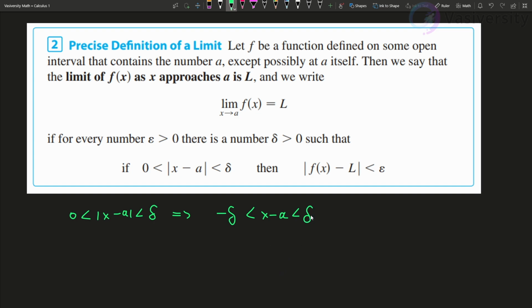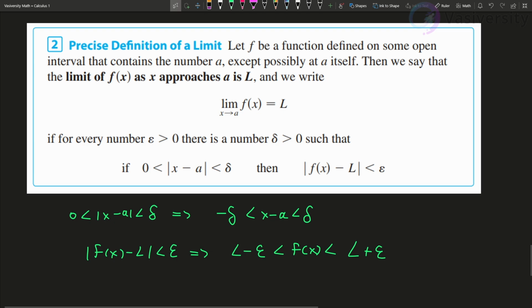Similarly, for the absolute value of f of x minus L being less than epsilon, that would be L minus epsilon less than f of x less than L plus epsilon. Again, the left side is approaching from the left, the right side from the right. So here we are essentially hiding the left-hand and right-hand side limits in the definition.